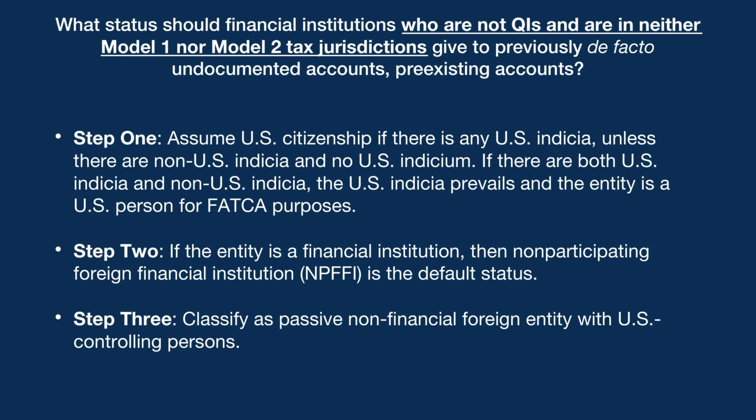Classify as a passive non-financial foreign entity with US controlling persons. So, if neither Step 1 nor Step 2 resulted in giving that customer financial account a FATCA status, then classify that customer as a passive non-financial entity with US controlling persons, which is of course a FATCA reportable status.